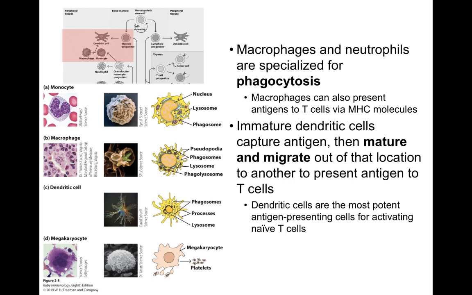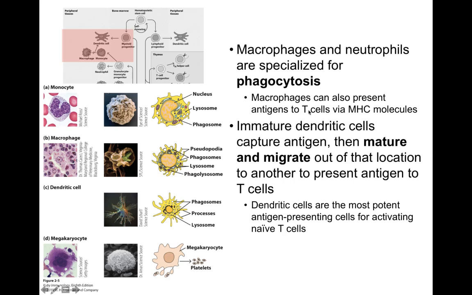Some of the other cells on the myeloid progenitor side are the monocytes, which are what they look like in the blood, and then they can go into the tissue and become a macrophage, and so they look a little bit different. They are phagocytic, and so they can eat and destroy pathogens as they come in contact with them.